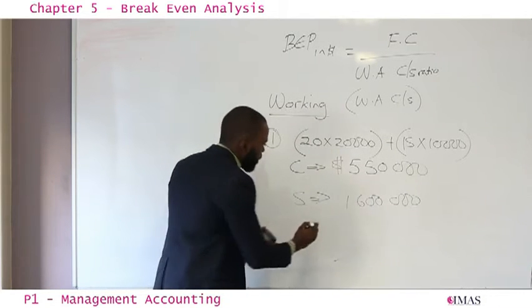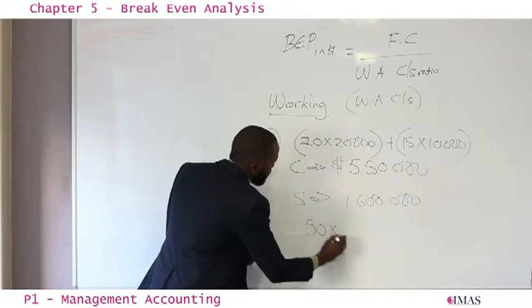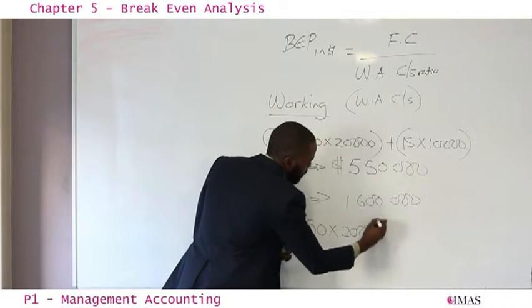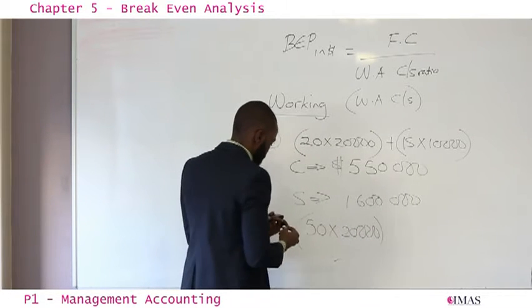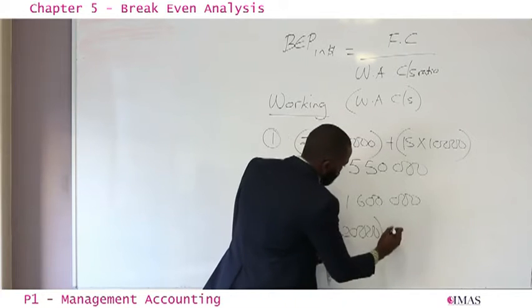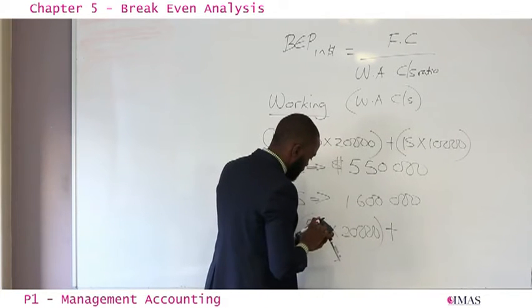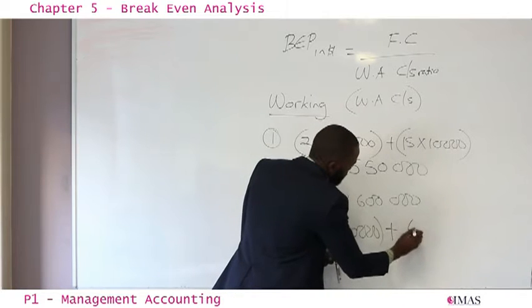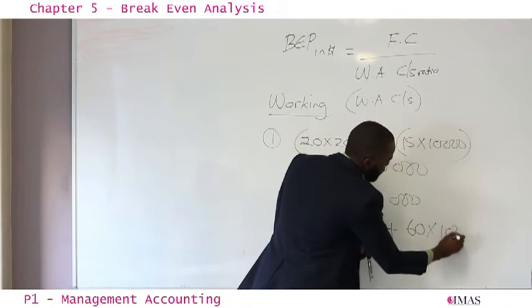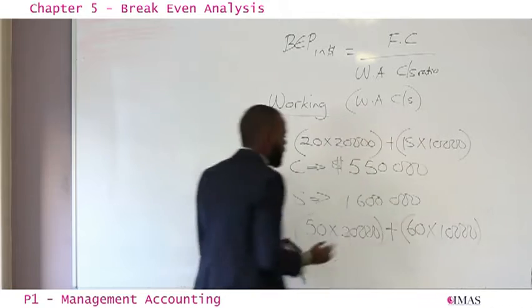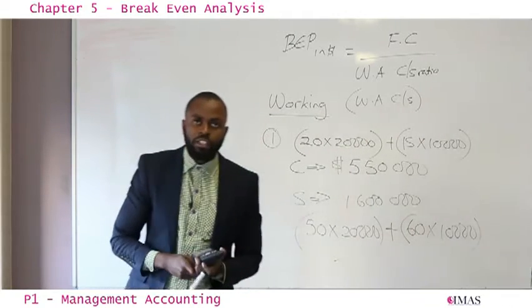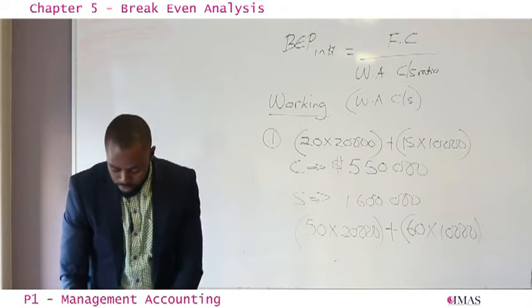So to get our total sales, we say 50 times 20,000, which is 1 million, plus 60 times 10,000. So that gives us our contribution and our sales.